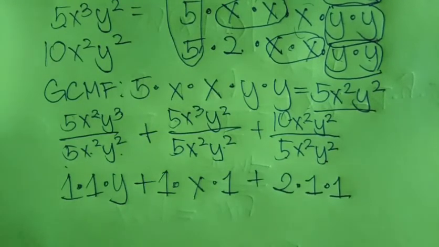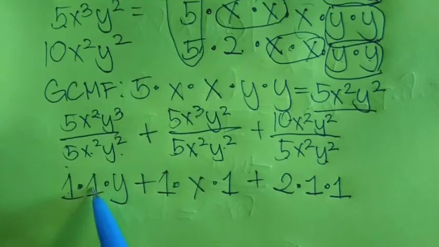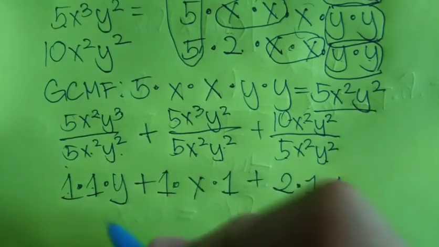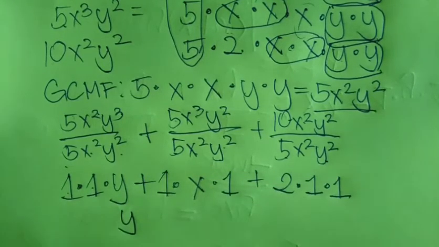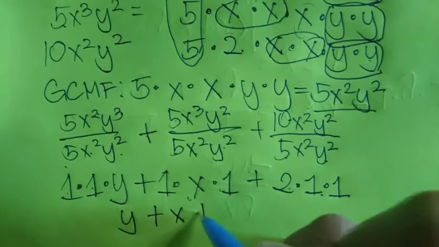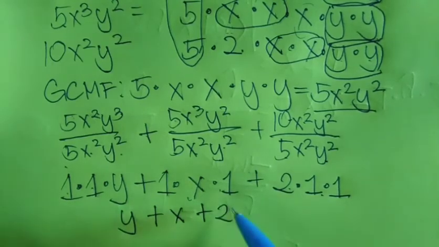So, nakompleto na natin yung third step. Then, we simplify. 1 times 1 times y is y. 1 times x times 1 is x. 2 times 1 times 1 will yield 2. So, ito yung second factor natin.